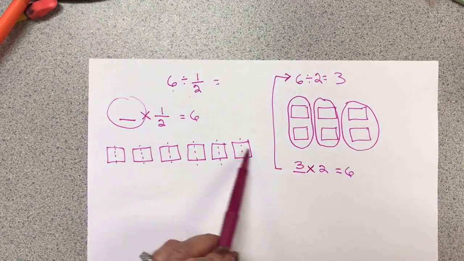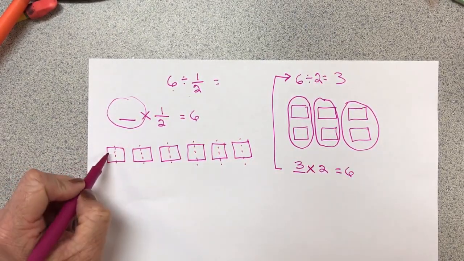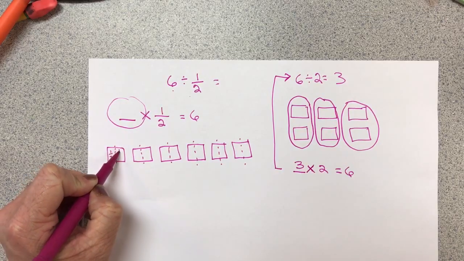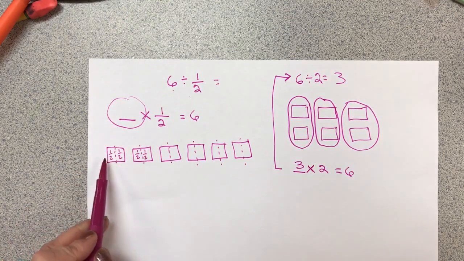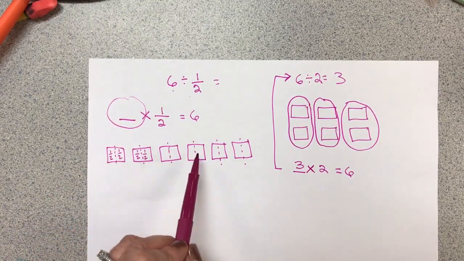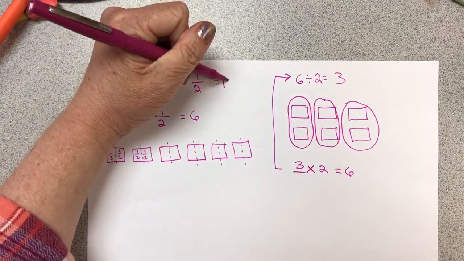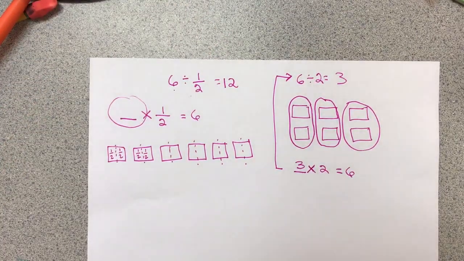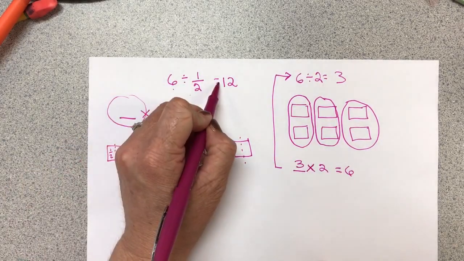Okay, so we're taking the 6 wholes and we're dividing each of them in half. So how many halves does that leave us with? If I was to continue, 2, 4, 6, 8, 10, 12. So we have 12 halves in the 6 wholes. So if we say 6 divided by 1/2, that equals 12.